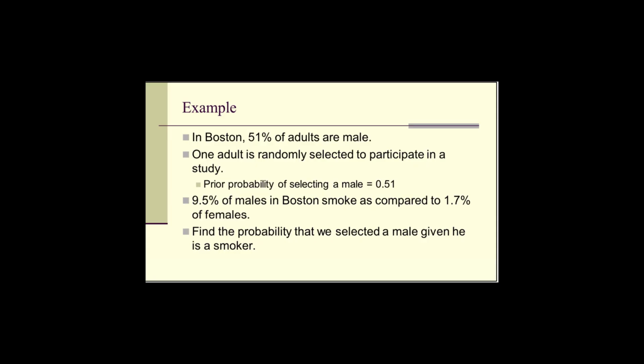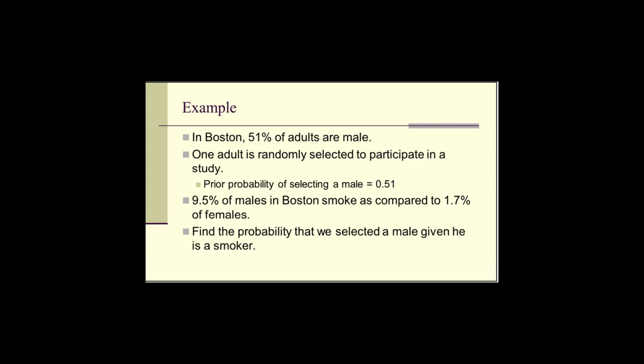Here's another example in which you can exercise Bayes' theorem. Let's say in Boston, 51% of the adult population are male. If an individual is randomly selected to participate in a study, then the prior probability of selecting a male is 0.51.